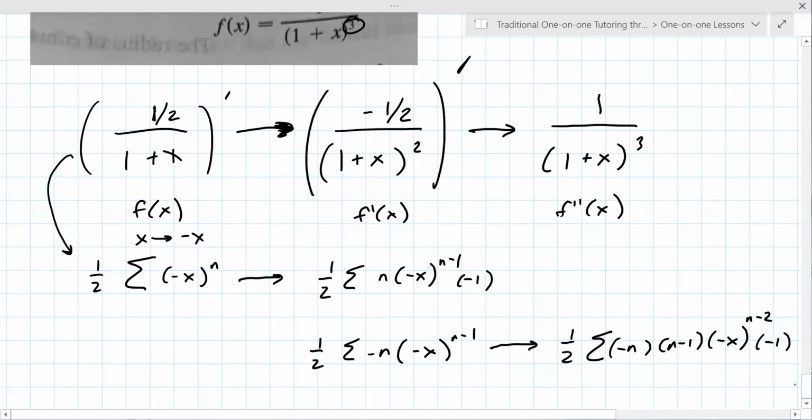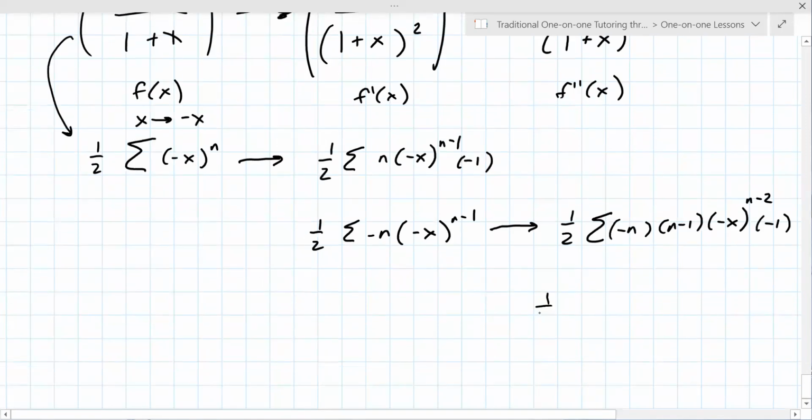Chain rule, -1 on the inside. And we probably would go with this one right here, so we'd make this 1/2 sigma n times n minus 1. You could distribute, it doesn't really matter. Something like that.